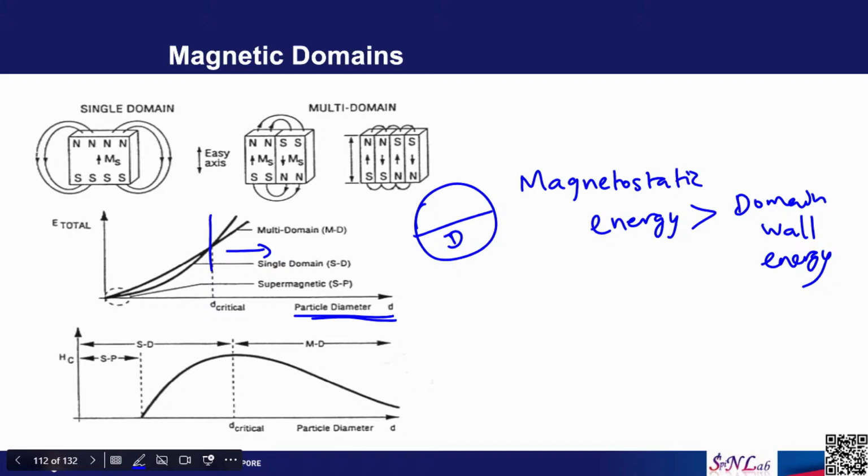In that case this particle will not have a single domain, it will have many domains. It will form multi domains.